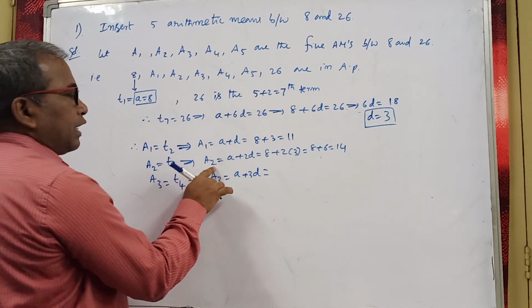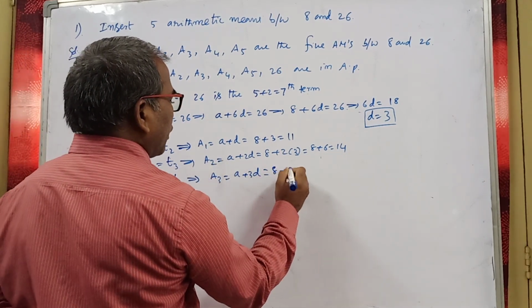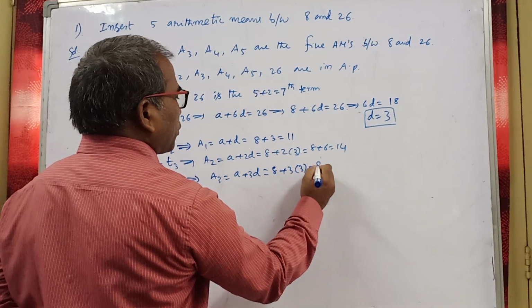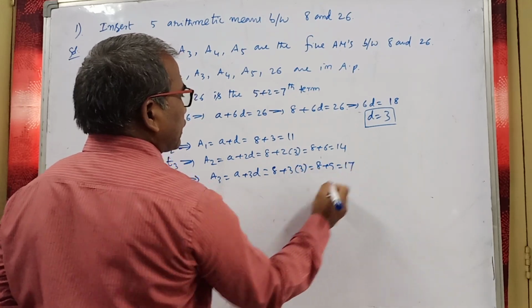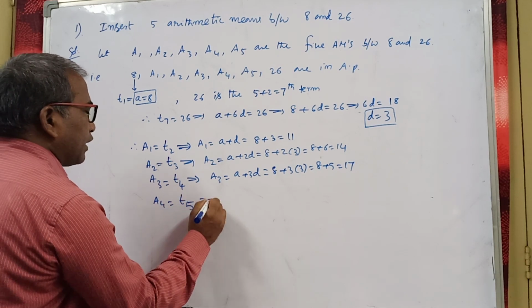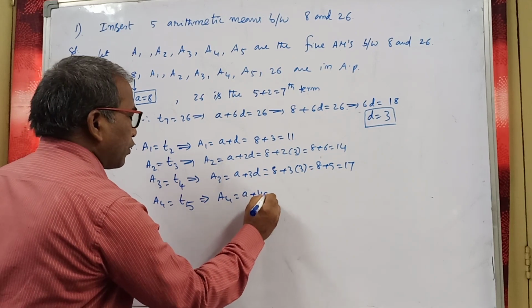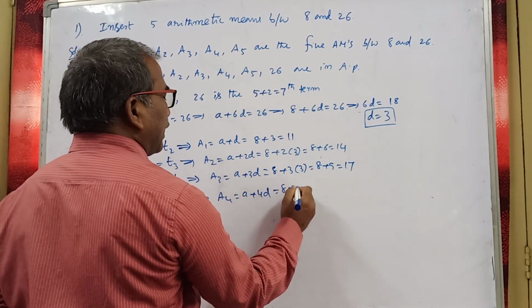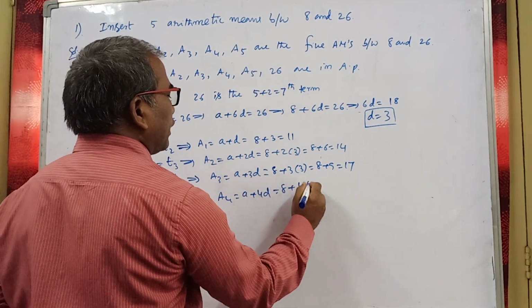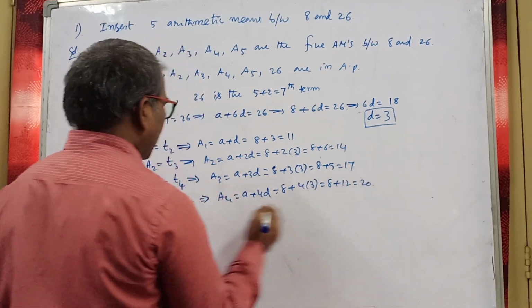If you remember directly, you can write that also, okay, no problem. Or you go for procedure. 9, this is 17. So A4, so T5 it is. So A4 is a plus 4d. So 8 plus 4 into 3, so 8 plus 12, 20.